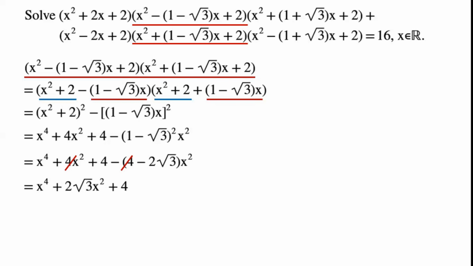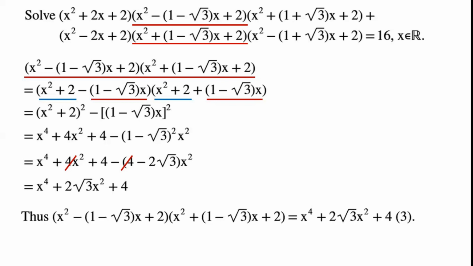So we can now write x to the power of 4 plus 2 root 3x squared plus 4. Thus, x squared minus 1 minus root 3 times x plus 2 times x squared plus 1 minus root 3 times x plus 2 is equal to x to the power of 4 plus 2 root 3x squared plus 4.